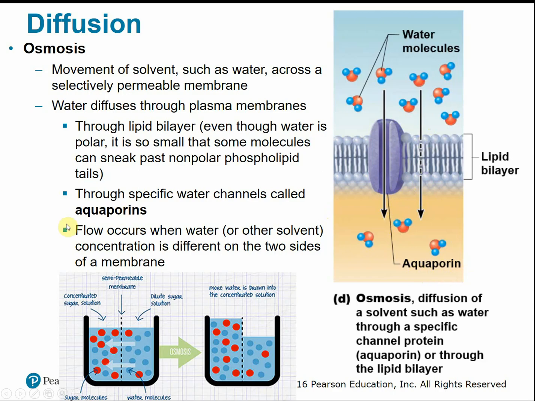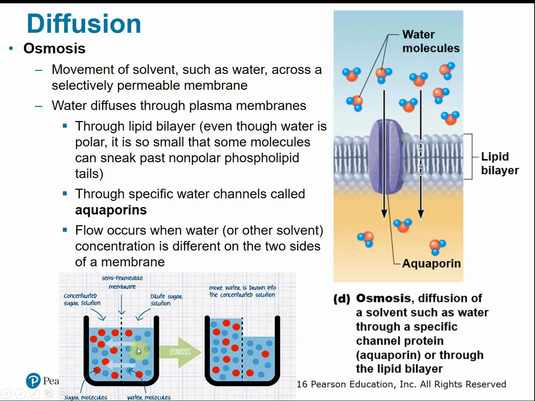So the flow of water is going to occur when the water or solvent concentration is different on the two sides of a membrane. In this example, we have a beaker full of sugar water solution. Red for sugar, blue for the water. We have a semi-permeable membrane in the middle. The more concentrated sugar solution is over here on the left side.